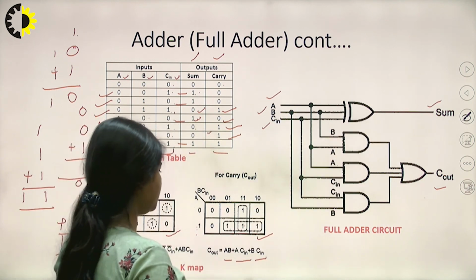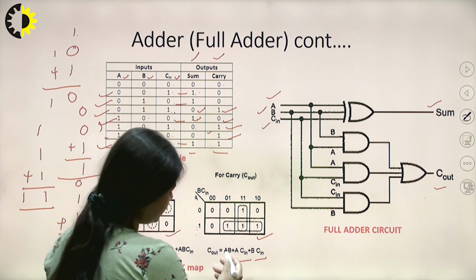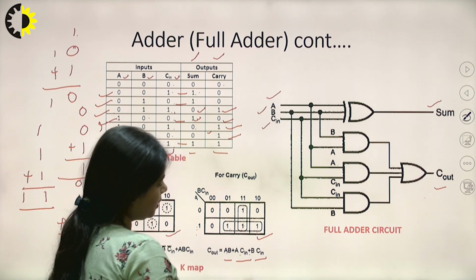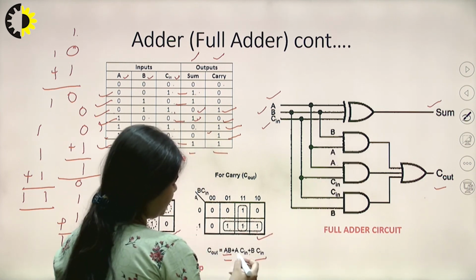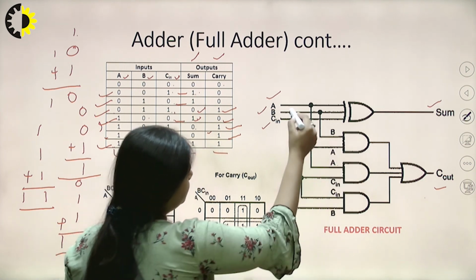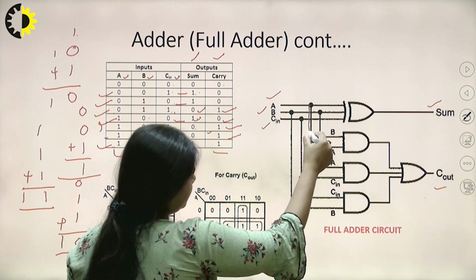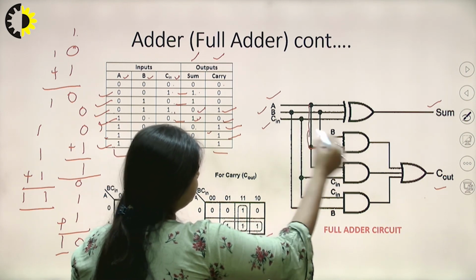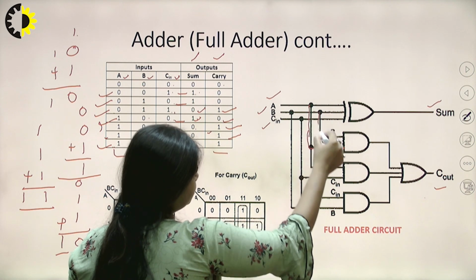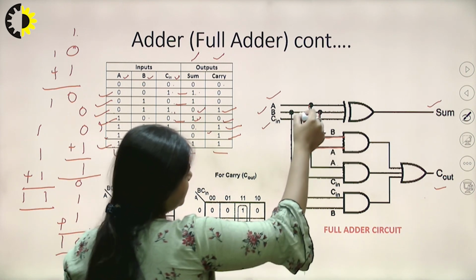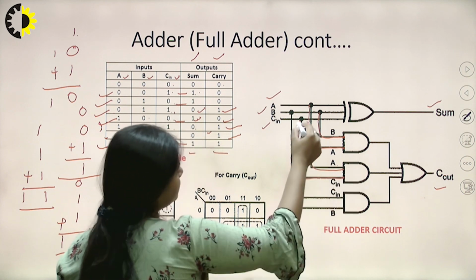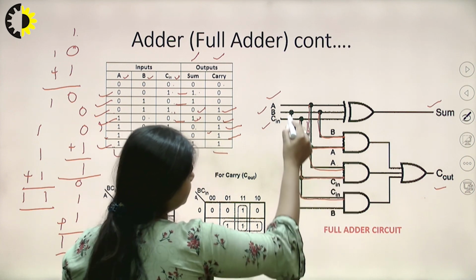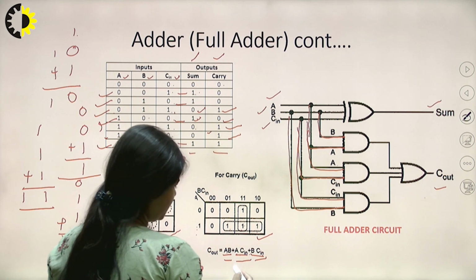For carry, we have 3 AND gates. We apply the 3 AND gates between AB, A C in, and B C in.